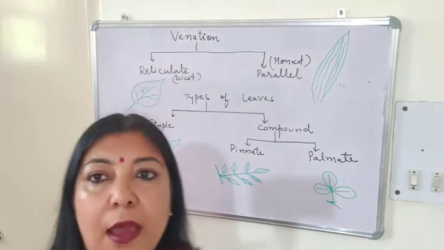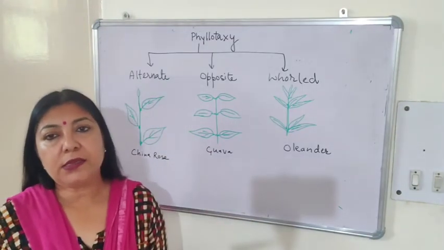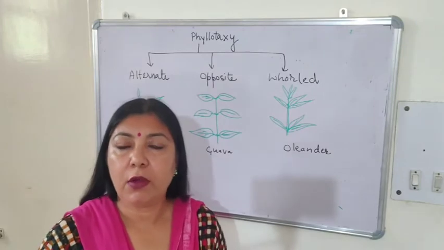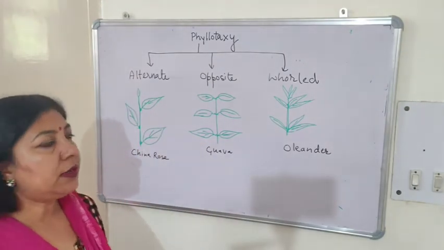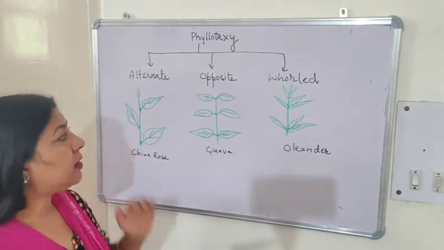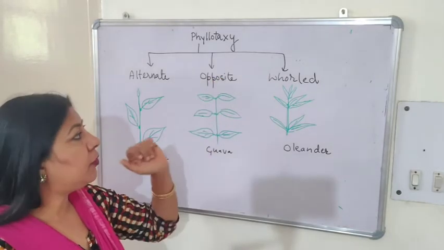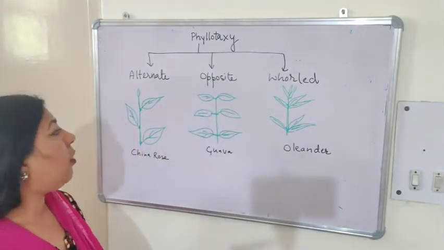Next we'll study about the phyllotaxy. Phyllotaxy means the arrangement of leaves on a branch. So if you see, the arrangements can be of three types. First is alternate, second is opposite, and third is whorled. First, let us see alternate.